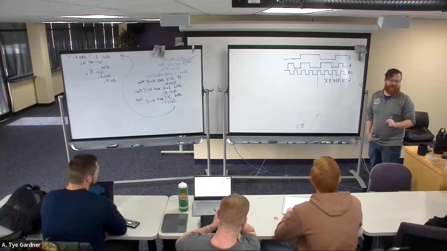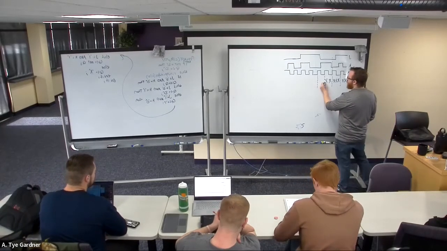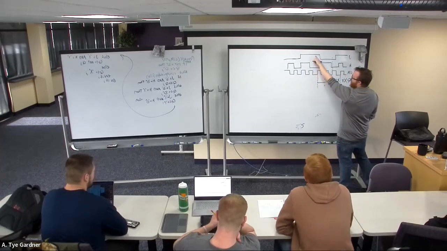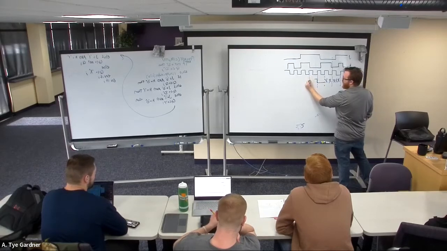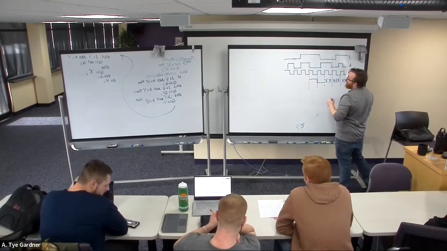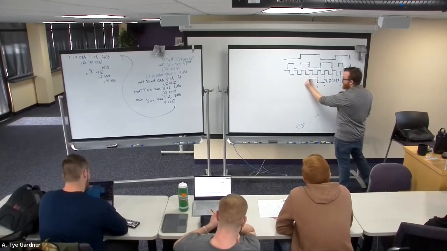That's reset to 0. This falling edge, 1, 0, it's the reverse, so it's set to 1. This falling edge, I'm going to mark here, we're good. Now we're 1, 1, that's a toggle.